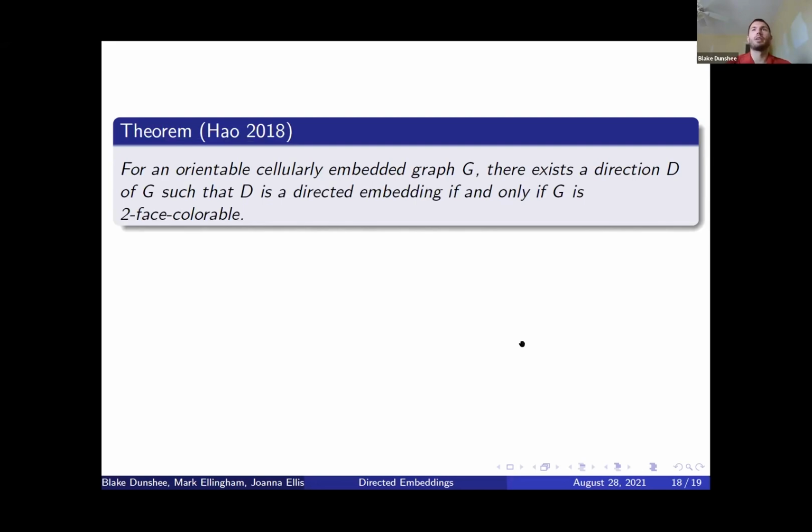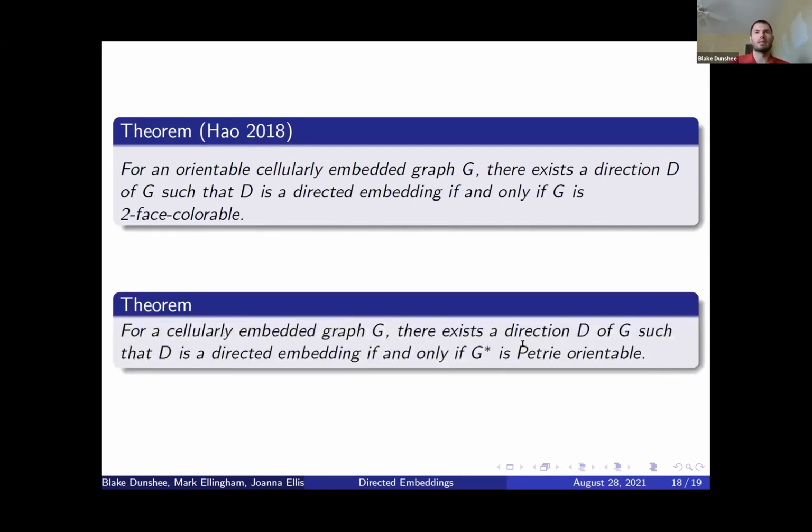They showed that this exists if and only if the original undirected graph is two-face colorable. We were able to extend this to the general case and show that for a cellularly embedded graph, there's a direction such that the direction is a directed embedding if and only if the dual of G is Petrie orientable.